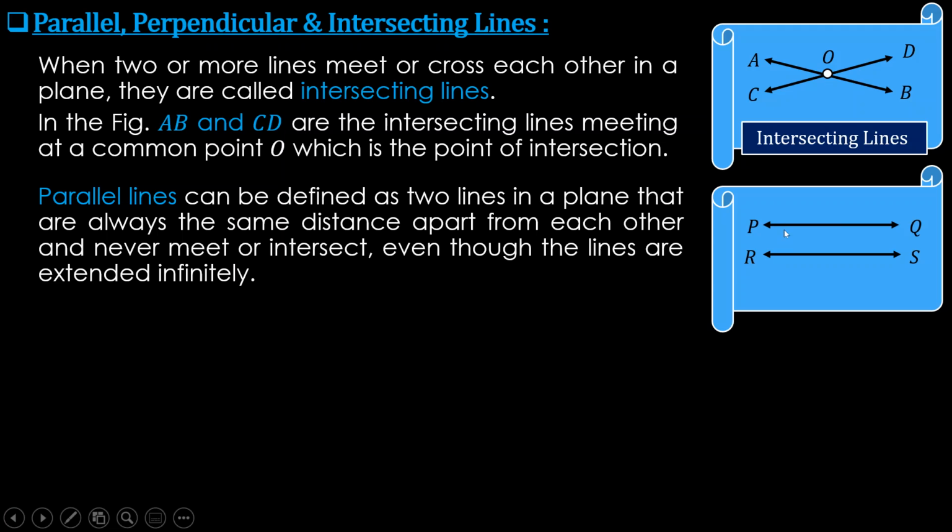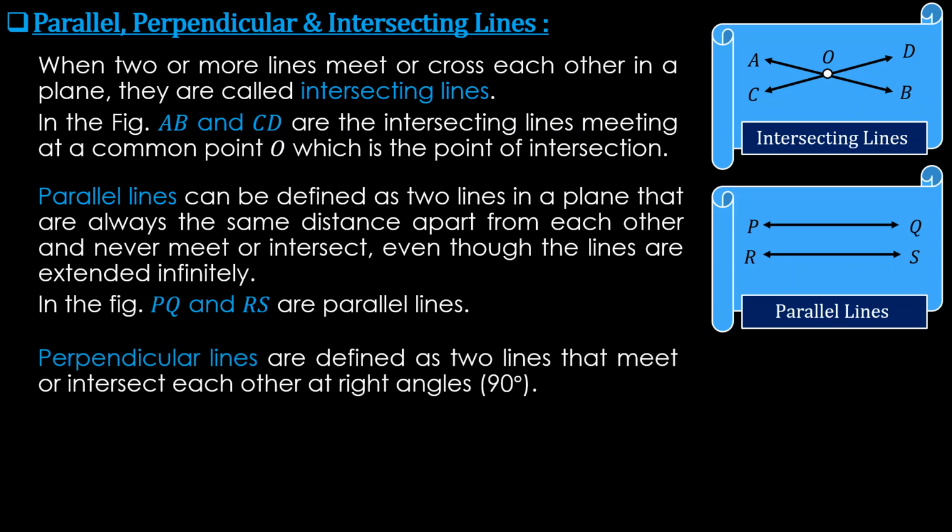This distance between PQ and RS is always staying the same, even if we extend these 2 lines infinitely in both directions. That's why PQ and RS are called parallel lines.